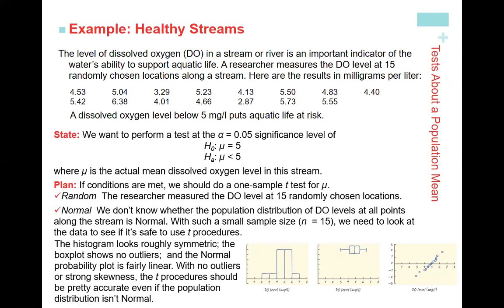And then independence, how many different, randomly chosen locations and samples of water could we take? Well, basically infinite, certainly greater than 150. So that would be our independence condition.